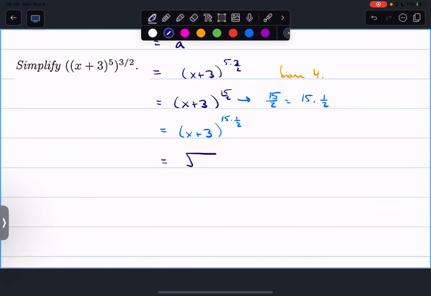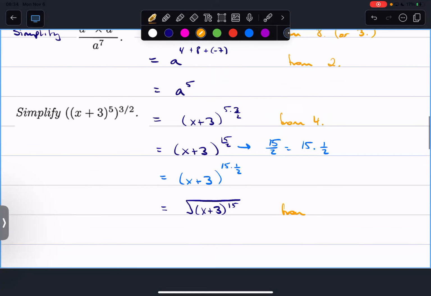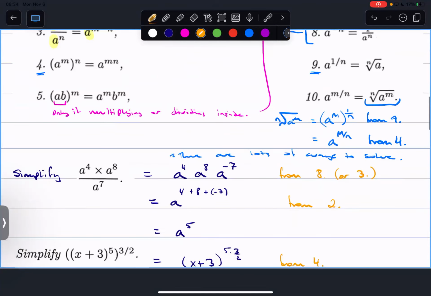So this is the square root of x plus 3 to the power of 15. It's really important that you keep those brackets, because remember, x plus 3 is just one thing and we don't want to break that up.